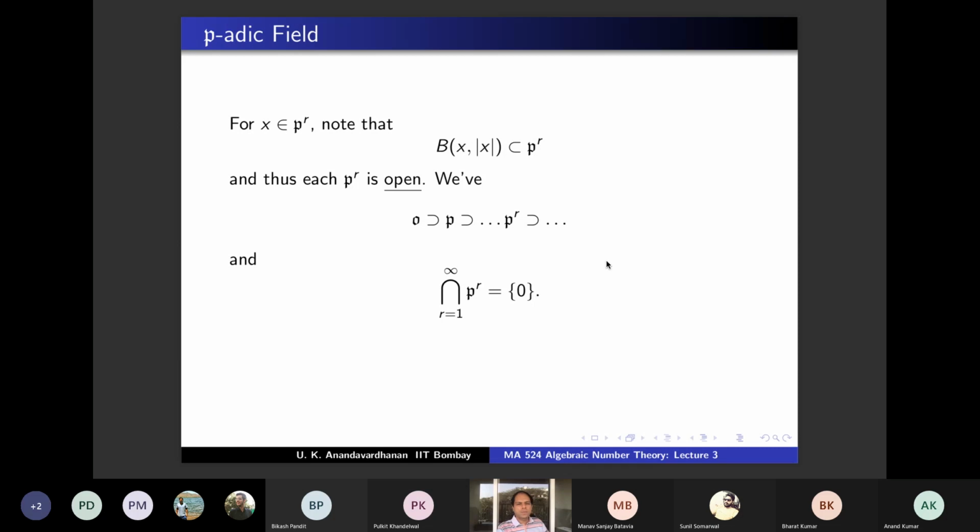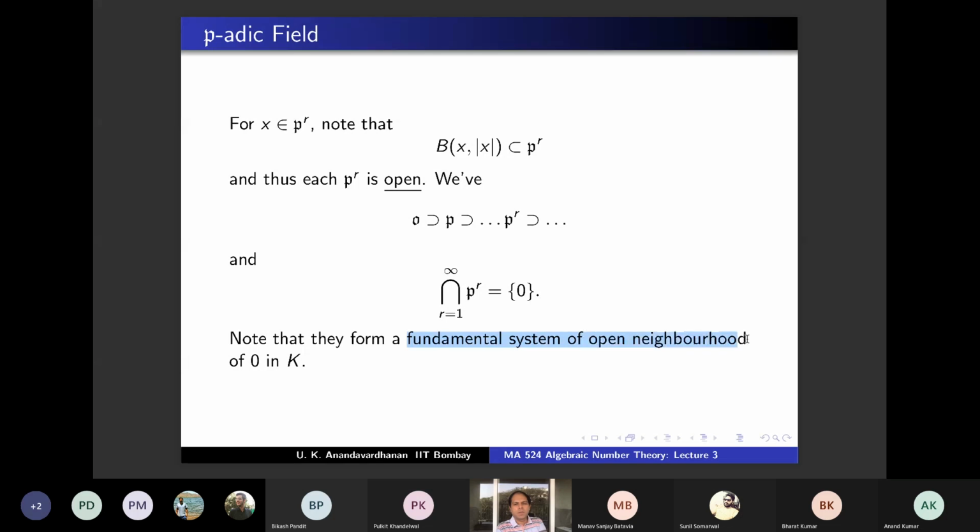So that is 0. In other words, you can say that these sets p power r form a fundamental system of open neighborhoods of 0 in K. Do you know this word, fundamental system of open neighborhoods? Okay, an s is missing here, so please point out all these typos to me at the end. What is the meaning of a fundamental system of open neighborhoods?